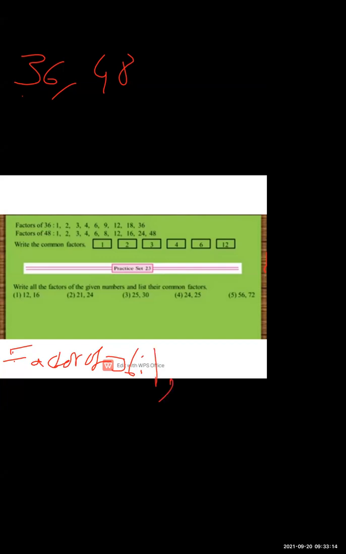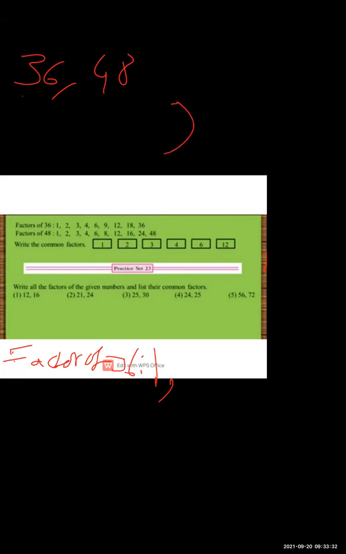Okay, now we will see from 2. Is 36 going in the 2 table?